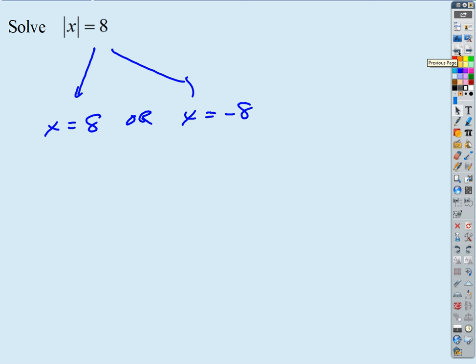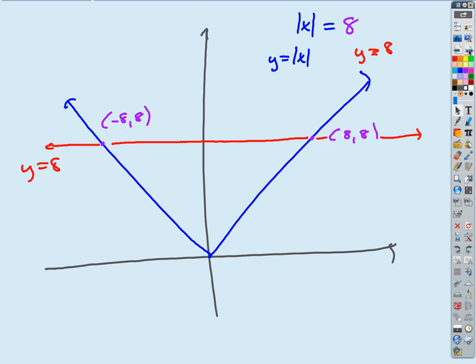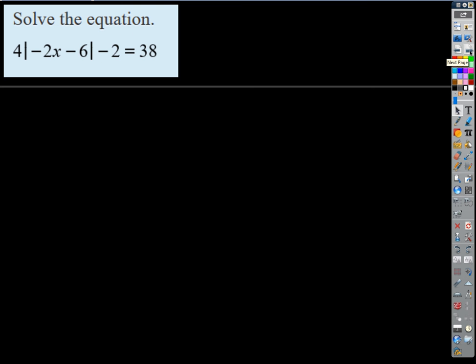The absolute value of x equals 8 corresponded to either x equals 8 or x equals negative 8. This is a little tougher. What do you think? This looks a little different. I just don't have an absolute value this time equal to a number. Got a bunch of other stuff in there, too.